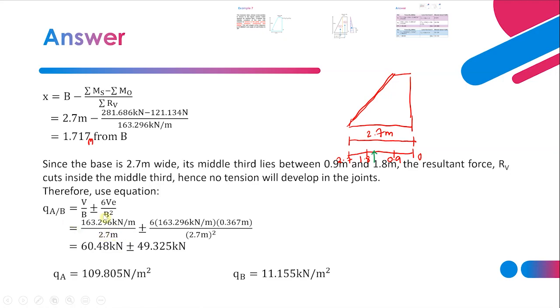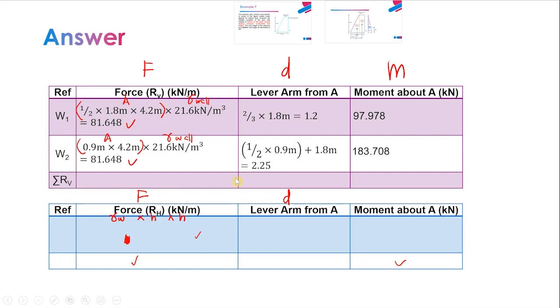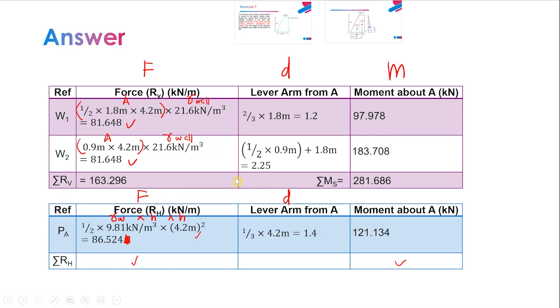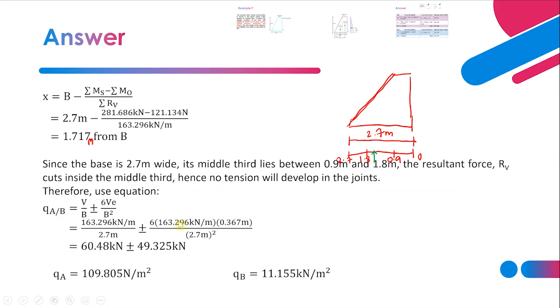Just insert the values of V and everything into the formula. V you can also check, see what value you obtained in this calculation. Insert the total vertical forces, 163.296. Okay, this is it. You divide by B, which is 2.7 meter, the base, plus minus 6V, insert V again. The eccentricity is X minus B divided by 2.